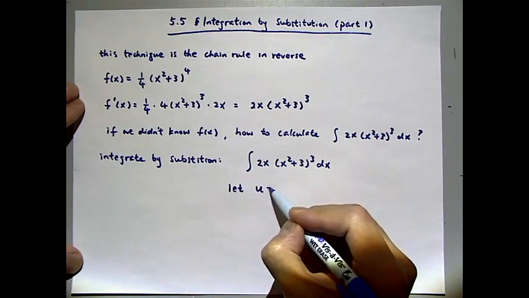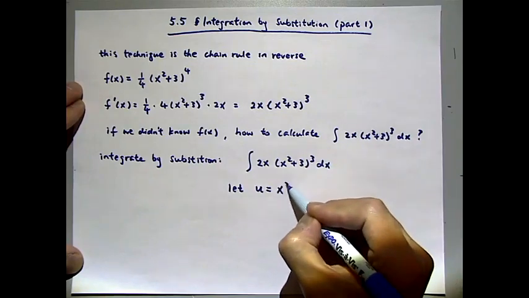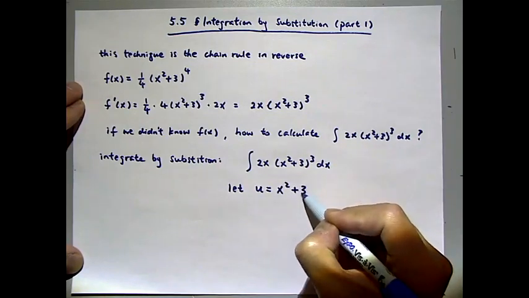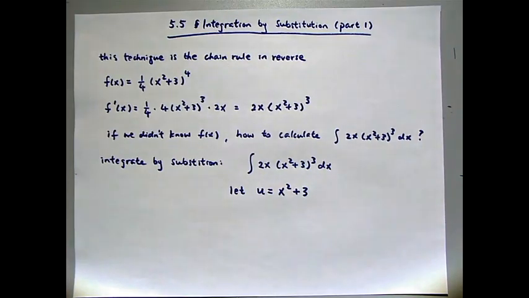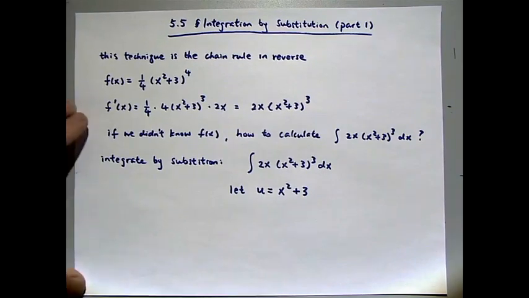I'm going to call this part right here, x squared plus 3, I'll call that thing u. And why did I choose that? I'll talk more about why we choose that to be u and how you can tell in general what you want u to be. But for now, I want to show you the process, how this works. And then we'll focus on what u should be when we look at different examples. Okay, so I made a choice to let u be this thing here.